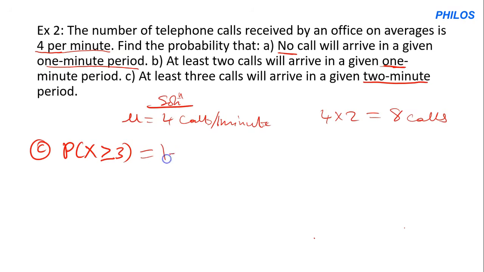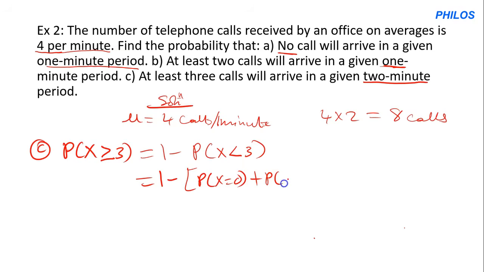So this will give us 1 minus the opposite of this, which is probability that x is less than 3. So this will give us 1 minus into brackets probability that x is exactly 0 plus probability that x is exactly 1 plus probability that x is exactly 2. So that will be 1 minus into bracket. Now this time around our mean is not 4 anymore, it's now 8.